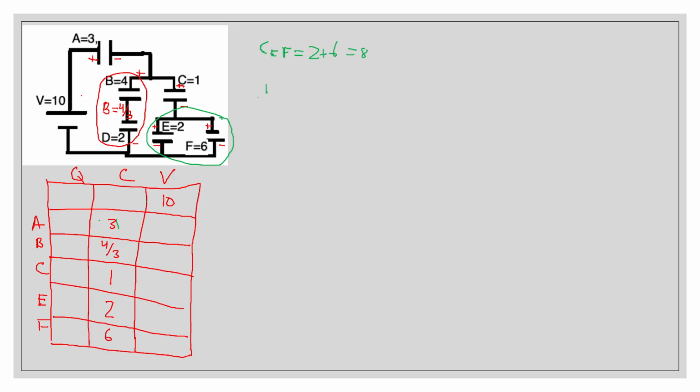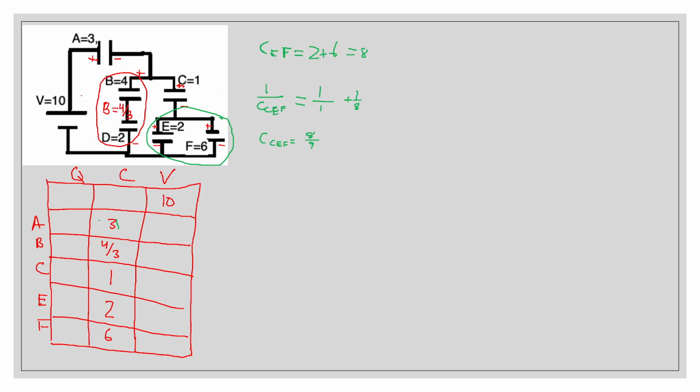So 1 over C_EF is equal to 1 over 1 plus 1 over 8. C_EF is going to be 8 over 9. Okay. And you notice in series it's smaller than either of the originals, which is good.